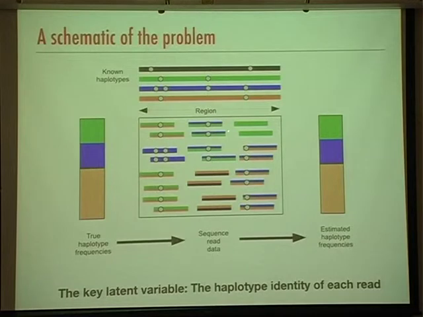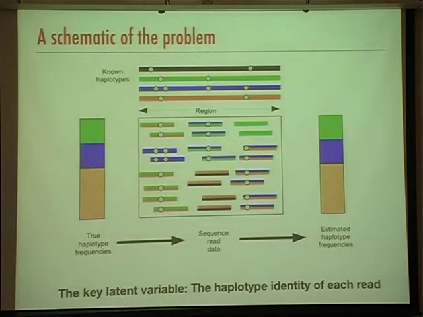And the reads, in some cases, may be perfectly identifiable as being from one haplotype. Ideally, it'd be perfectly identifiable as coming from, say, the green haplotype. And then maybe here, these carry two alleles that are only found on the blue haplotype, so we can assign those definitively there. But there may be some ambiguity where for some reads we can't be sure which haplotypes they come from, right?